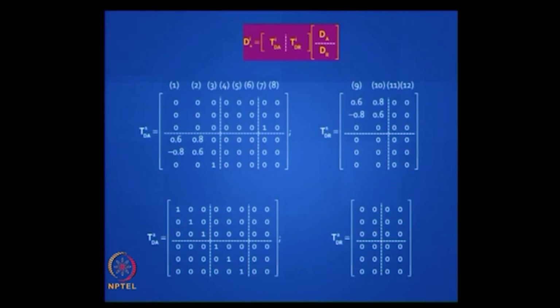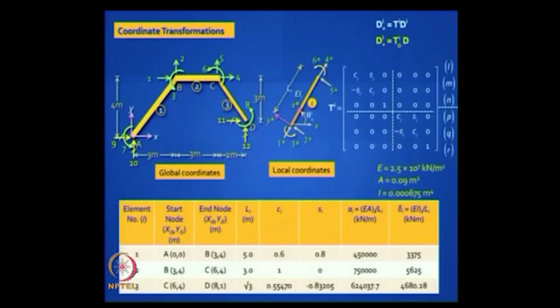Take the first column in these 2 matrices for TD1 and TD2. The first column corresponds to D1 equal to 1. If you apply D1 equal to 1, it is going to affect elements 1 and 2, right, and it is at the tail end of element 1 and at the beginning of element 2.